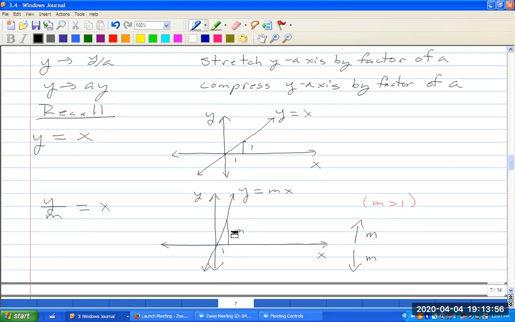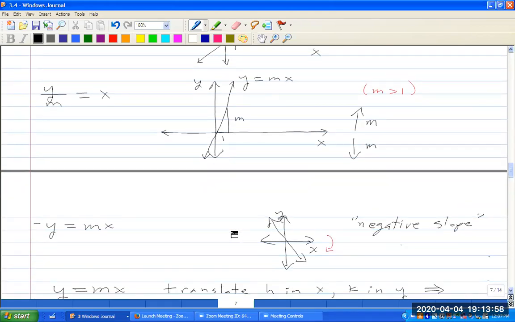Now, if I replaced it by a negative y, then I would reflect this about the x-axis.